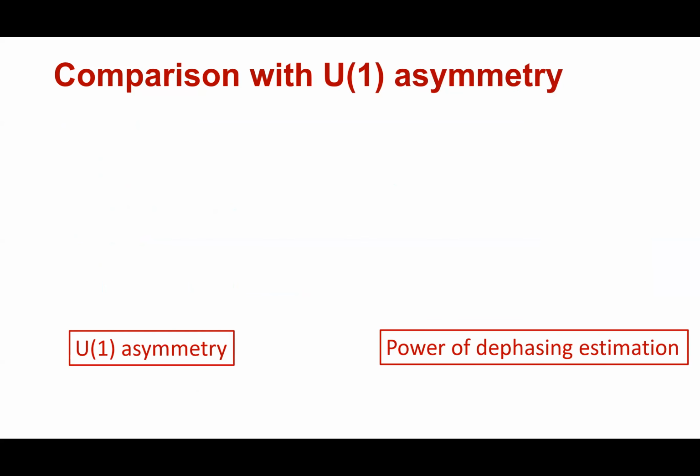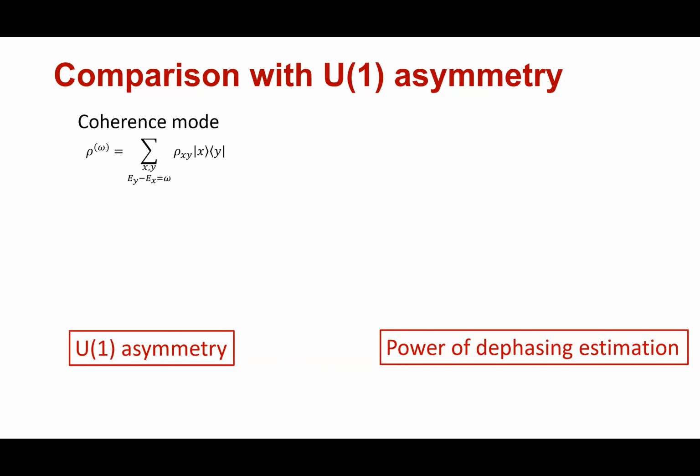And if we compare our resource theory with the asymmetry theory, we can get this. In asymmetry theory, one cares about the so-called coherence mode, where the summation over x and y satisfies Ey minus Ex equals omega, a fixed number.